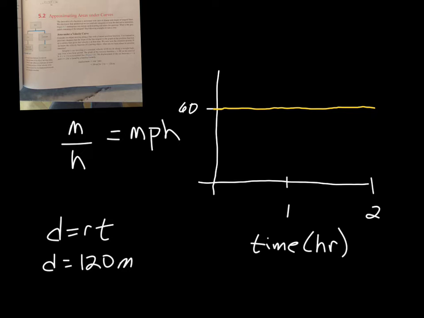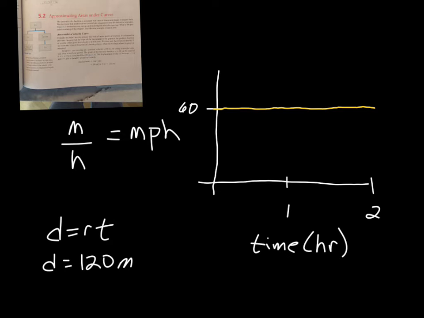Okay, so let's take a look at the graph and what we're talking about here. And pay attention to the units that we're using, right? We started with miles per hour and time, and then once we multiply them together, we have miles. And I'm going to come back to that here in a second.